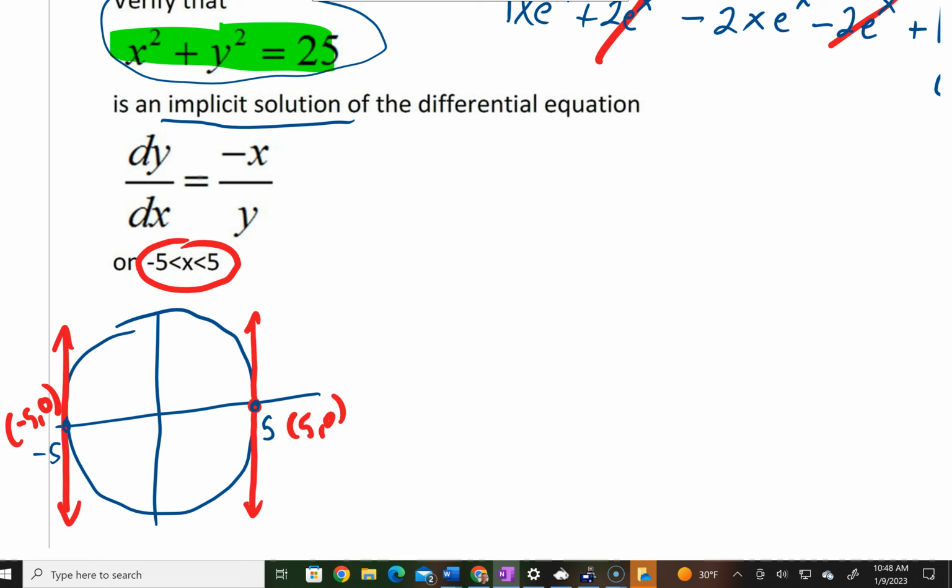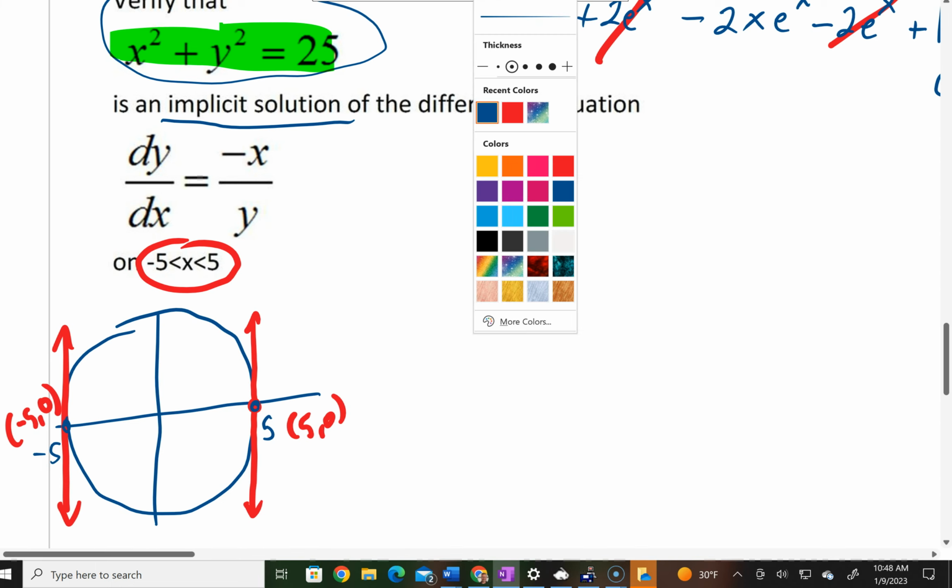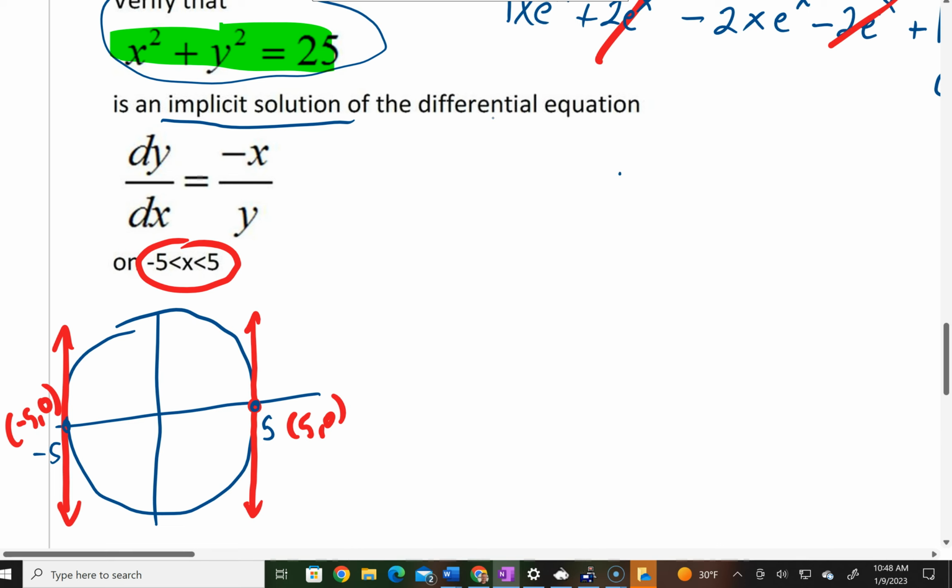Okay? But all the same, you might say, well, wait a minute. Okay, that's making sense, Mr. Dobner, but how am I to verify this? This seems so weird. The way we verify implicit is to go back to Calc BC last year and just do implicit differentiation, right?